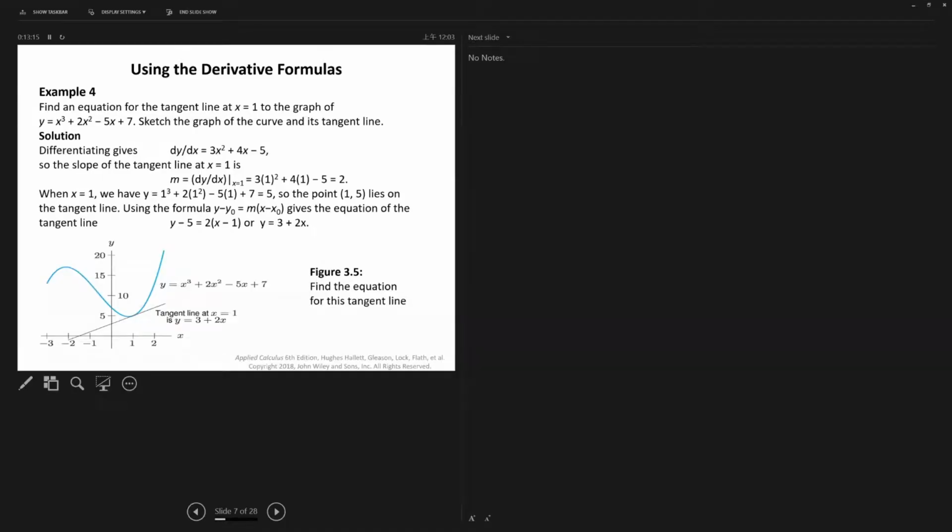All right, our next example, we have a function y equals x cubed plus 2x squared minus 5x plus 7. And our goal is to find the tangent line. We want to find the equation of the tangent line at x equal to 1. So first we need to find the derivative at x equal to 1.